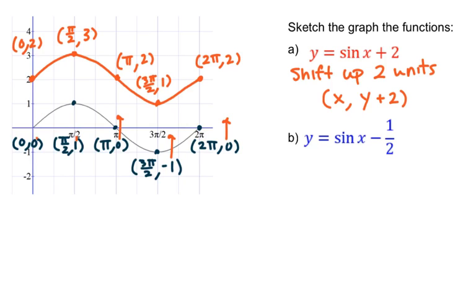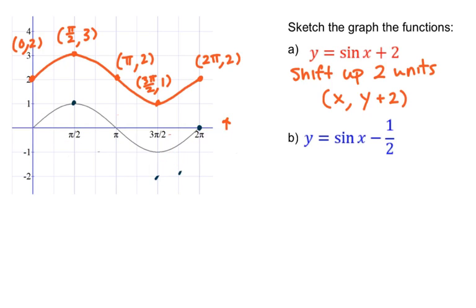All right, so thinking about this, I'm going to erase those key points there. So thinking about this, if we have sine of x minus 1/2, what does that do to our graph? In that situation, we are going to shift down 1/2 unit. Notice I wrote the positive value because we're saying we're going down 1/2 unit.